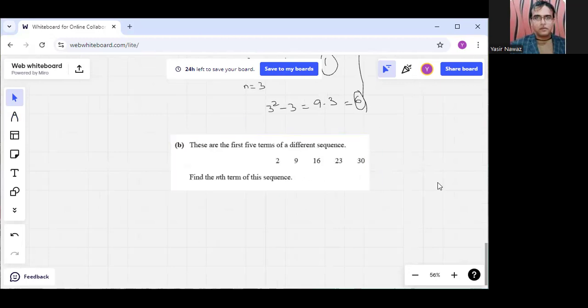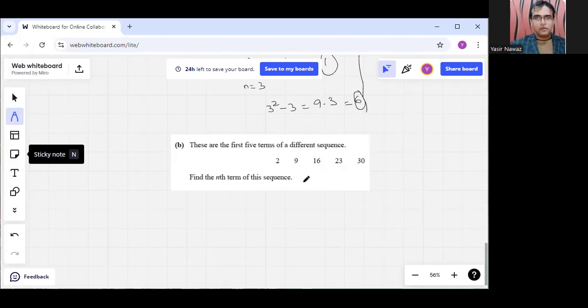These are the first five terms of a different sequence. Find the nth term of this sequence. For the nth term, I will use a formula. I see this sequence would be an arithmetic sequence.